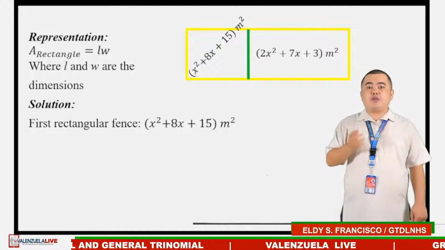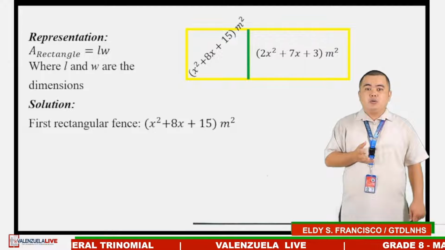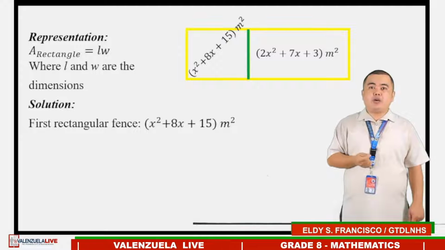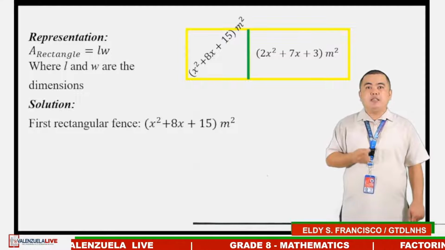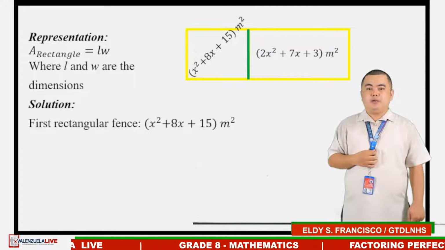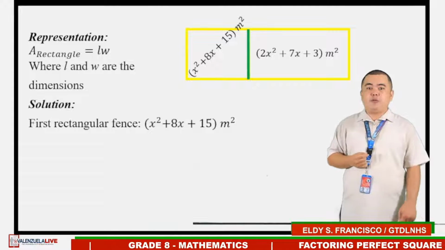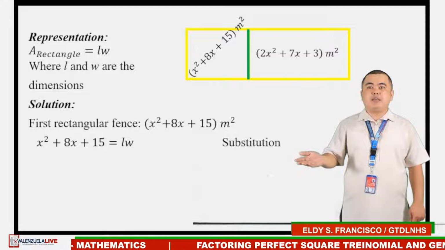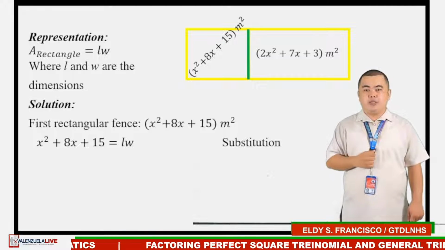for the dimension of the first rectangular fence, with an area of x squared plus 8x plus 15 square meters. By substitution from the formula, we obtain x squared plus 8x plus 15 equals length times width.